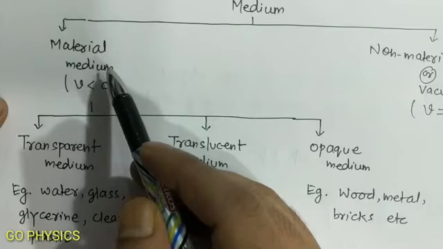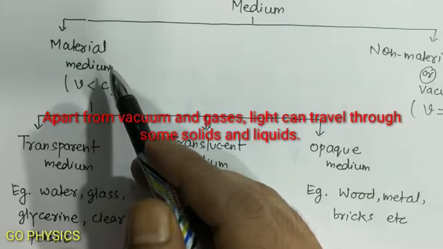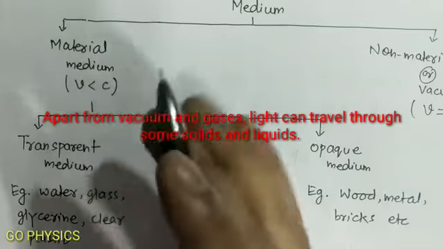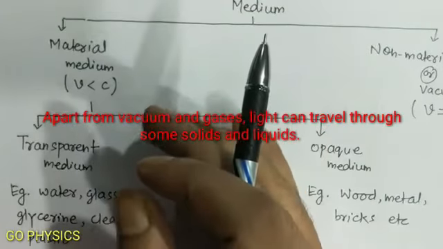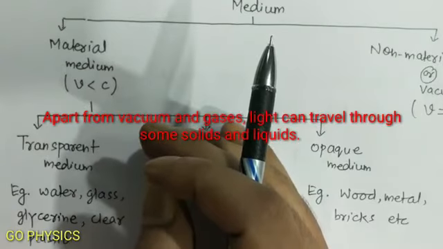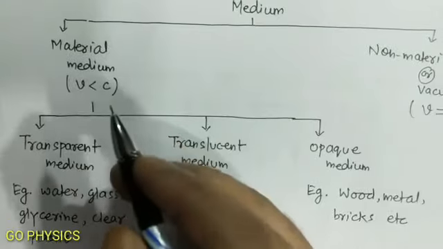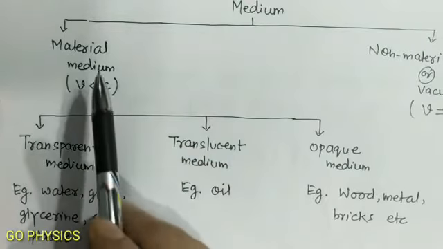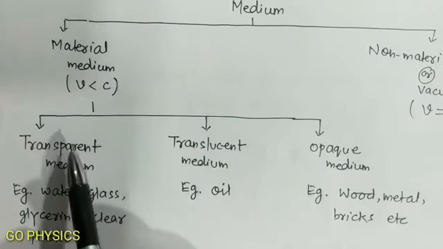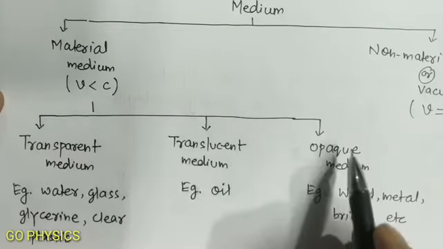Light cannot travel in all kinds of material medium. Light can travel in certain kinds of material medium, that is, in certain kinds of solids and liquids. So material mediums are classified as transparent medium, translucent medium and opaque medium.